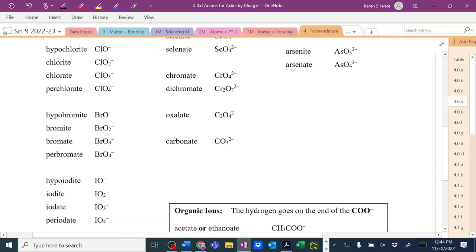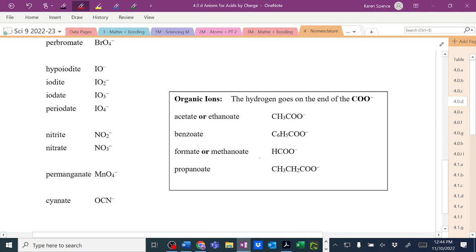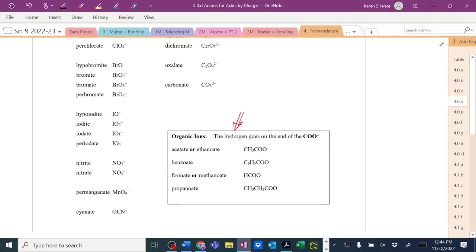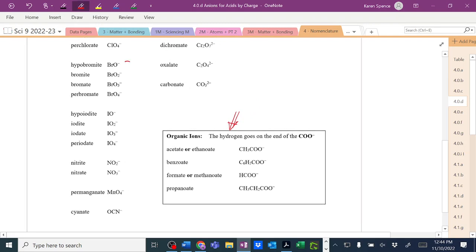So you can say, oh look, all my organic ions are down here, right? So I can look and find out what they're named. And I've kind of tried to group them by element. So you can find all of your bromines together: bromate, hypobromite, bromate, perbromate. Okay, so those are all grouped together to make them easier to find. So pages 3 and 4 on your little handout there will be useful for the acid test.